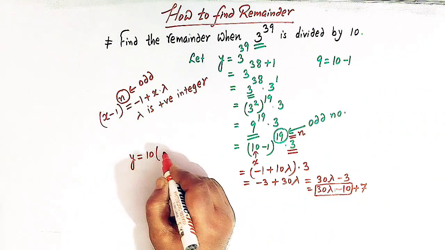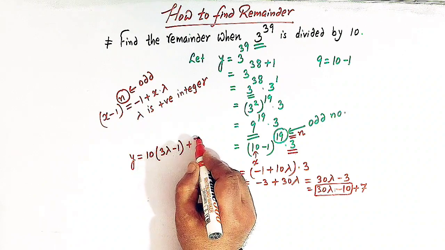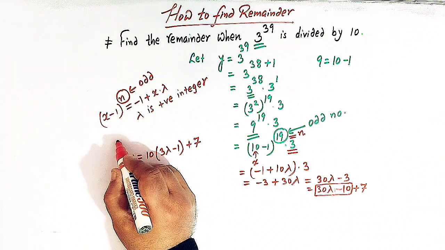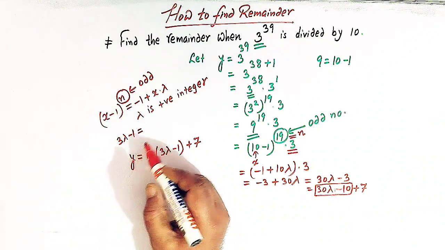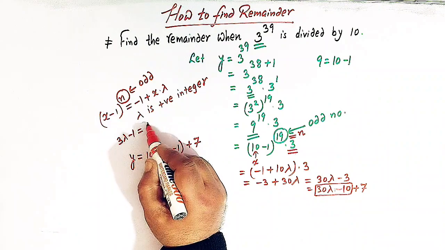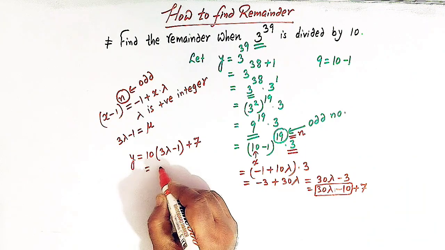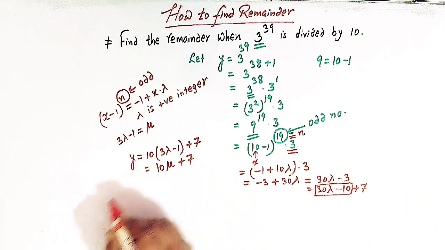So we have 10 times 3 lambda minus 1, and here we have plus 7, right? Now 3 lambda minus 1 can be replaced by some other positive integer. Let us say it as mu, right? So we have 10 times mu plus 7, right?